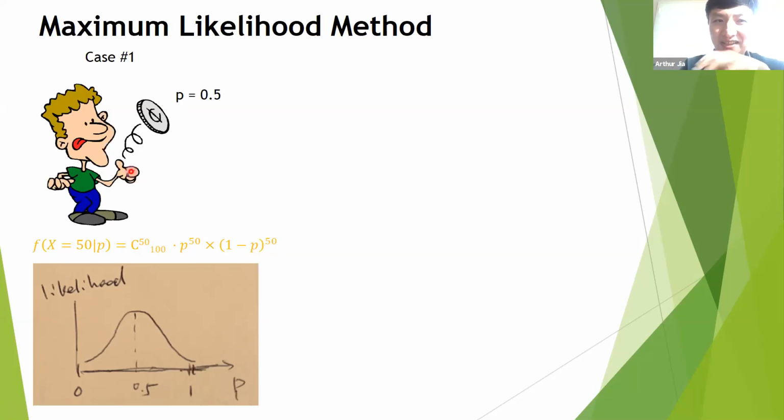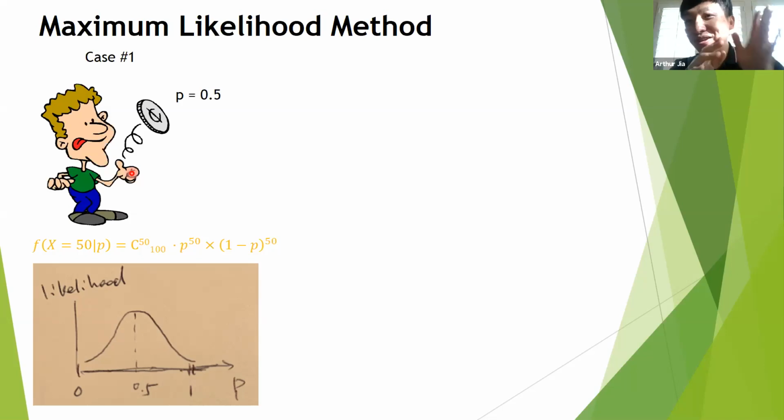Suppose this guy has a coin, and he wants to find out whether this coin is a fair one or not. So what does this guy have for now? He has a model, right?